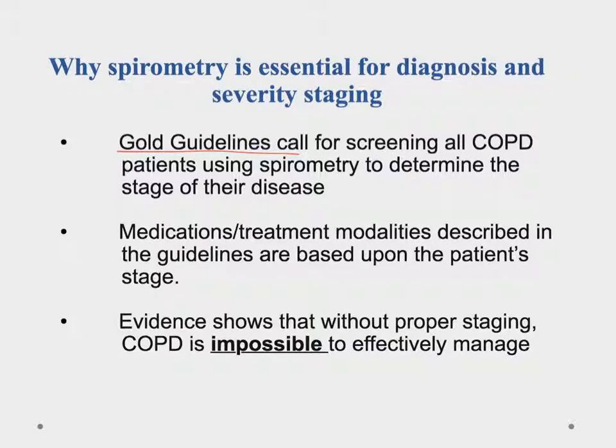Because what happens a lot of times is people are not identified accurately and not treated accurately, and then their symptoms get worse, they end up in the hospital and they're not managed well. So pulmonologists across the country put out these GOLD guidelines so we do this in a consistent manner and make sure patients get the proper treatment.